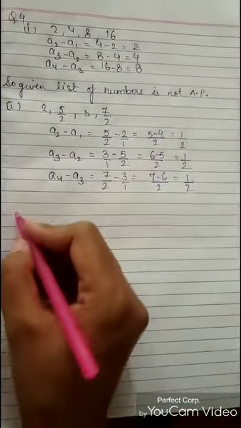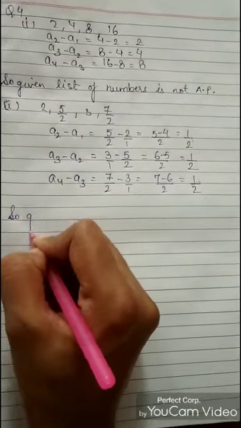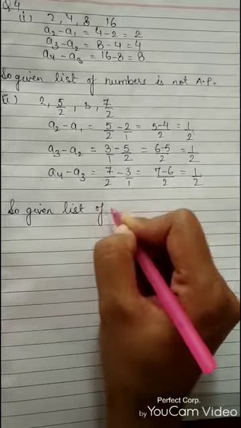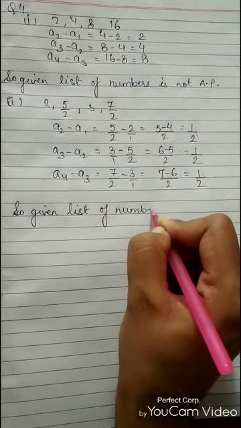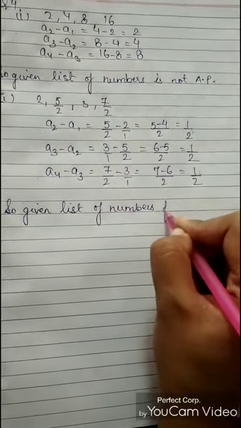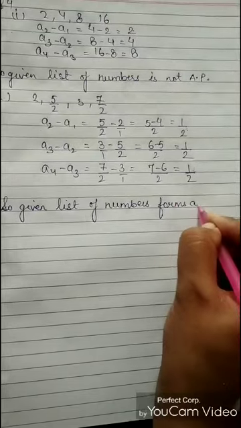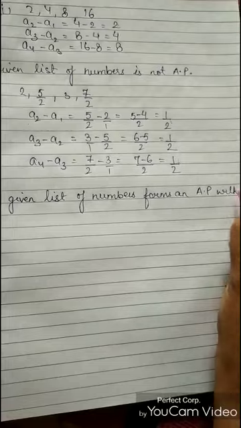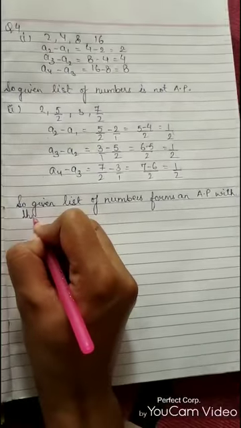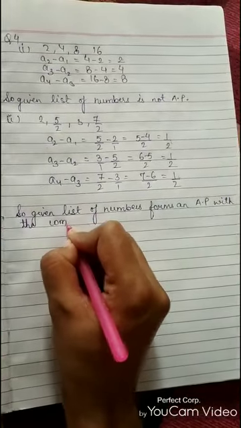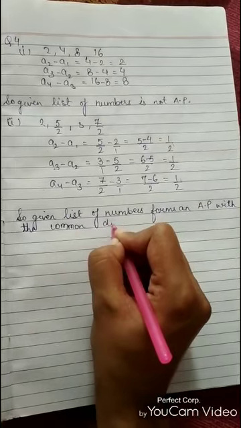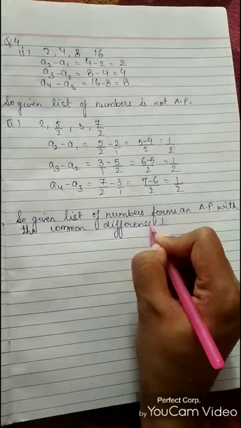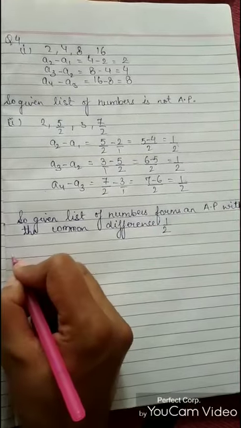So we will say that given list of numbers forms an AP with the common difference 1 upon 2.